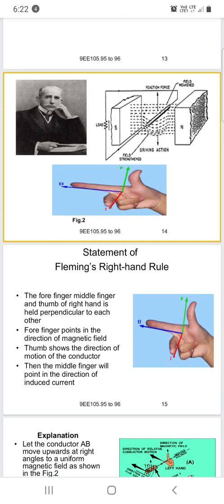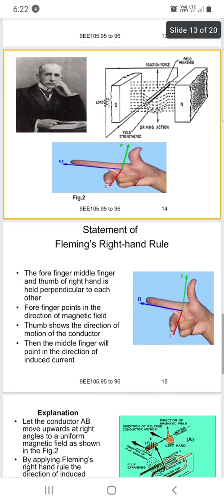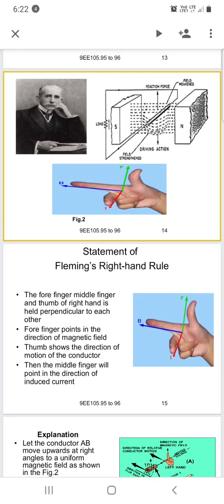The thumb, forefinger and middle finger of the right hand are held perpendicular to each other. You have to observe the figure and compare the right hand figure with the magnetic lines of force figure, then you can easily understand.